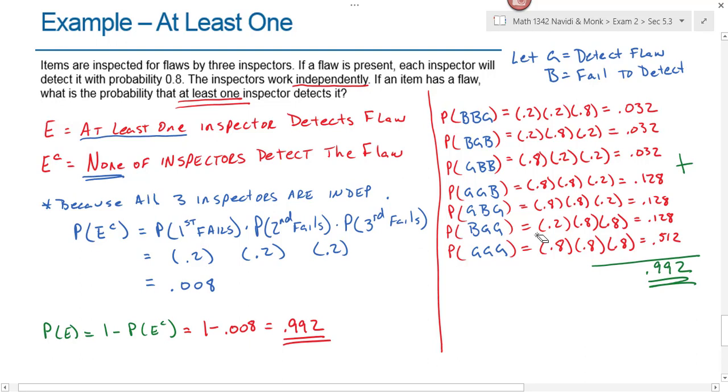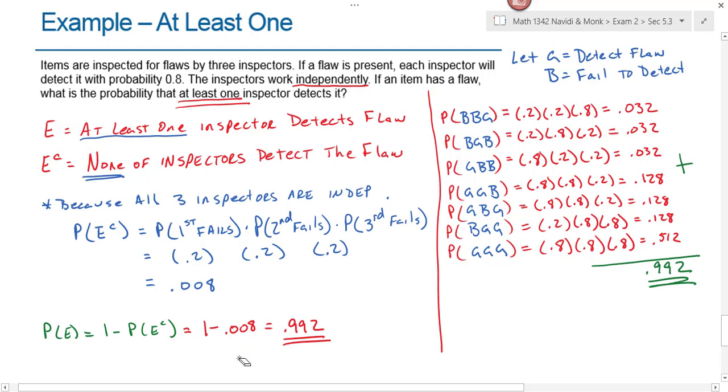The only way to work a problem when you have more than 3 of these things to choose from is to use the complement. The probability of an event is 1 minus the probability of the complement, where the complement would be none of the thing happening. And there's only one way to get the complement, and then we subtract that probability from 1.